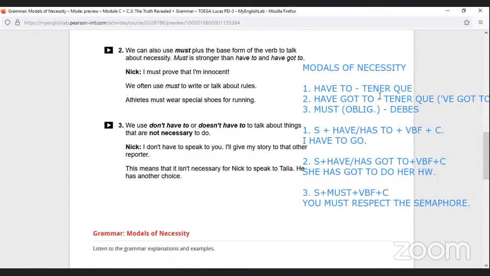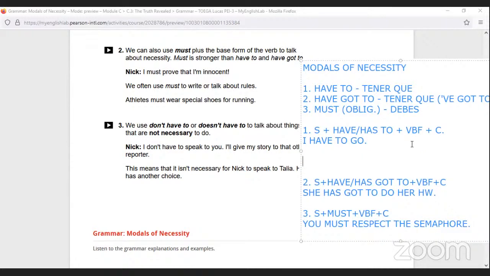So after this, what do we have? When we talk about have to and have got to, we have the negative of these ones, but the negative we only use with have to.